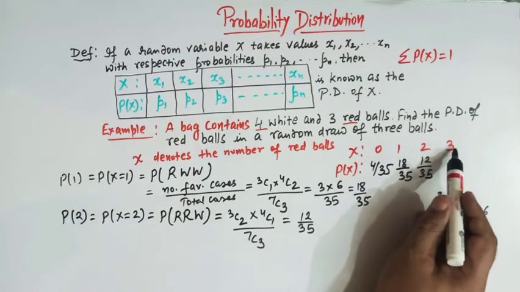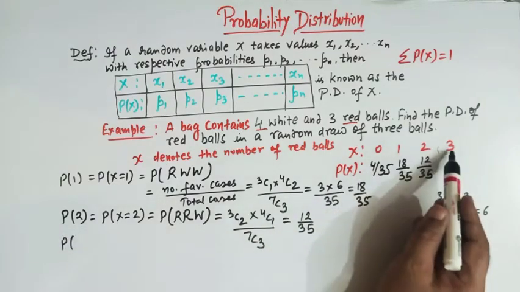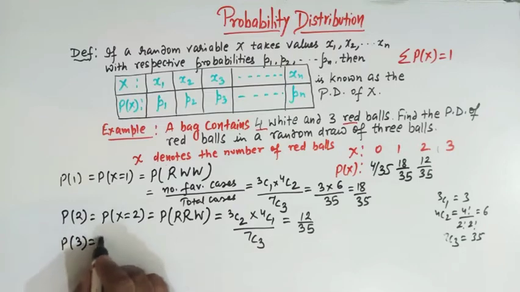Now we have to calculate the probability of getting three red balls, and this is P of 3, and this can be written as P of x equal to 3.